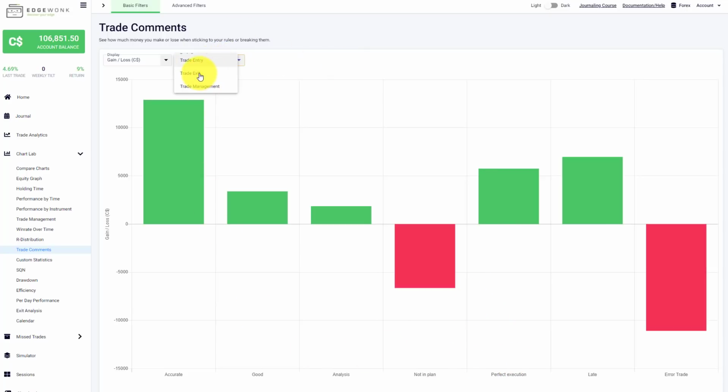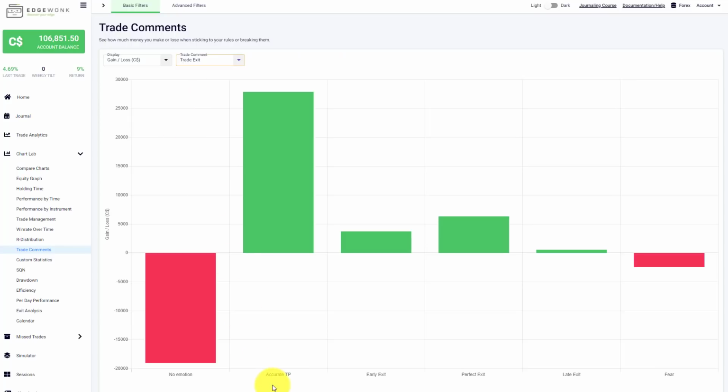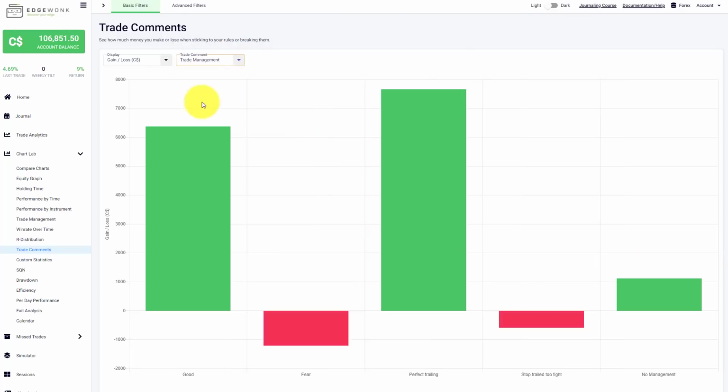We can move on to our trade exits, and you can see here that a trade with an accurate take profit is making him a lot of money, whereas other things like an early exit, a perfect exit or a late exit are in comparison much smaller, and some things are even underperforming. This is even more obvious when we go to our trade management.